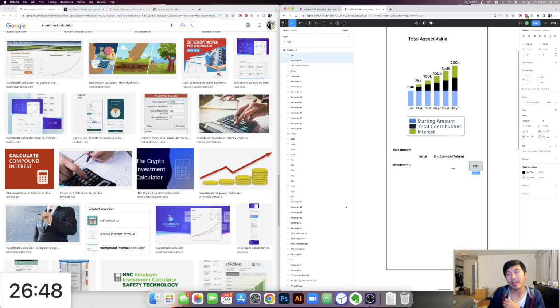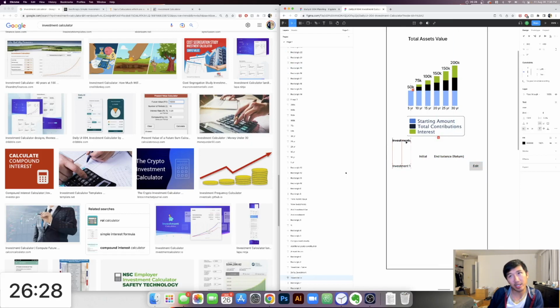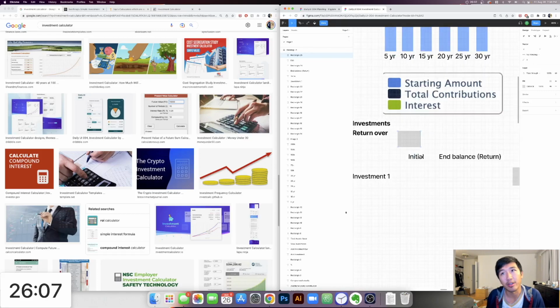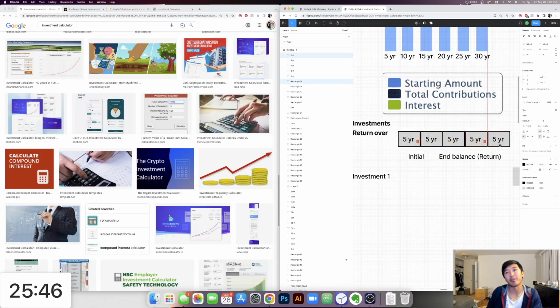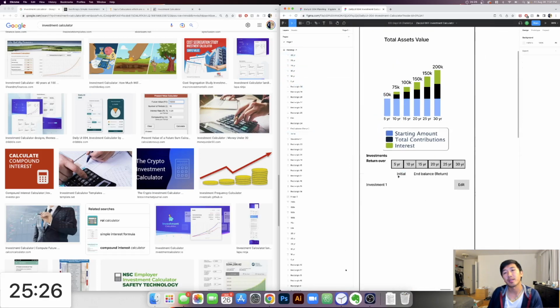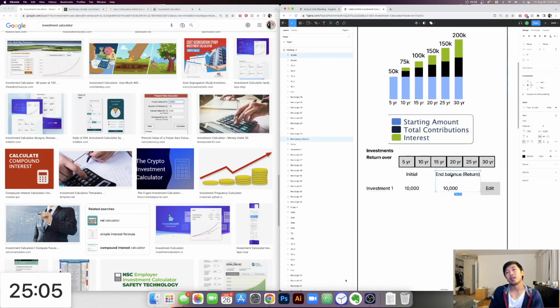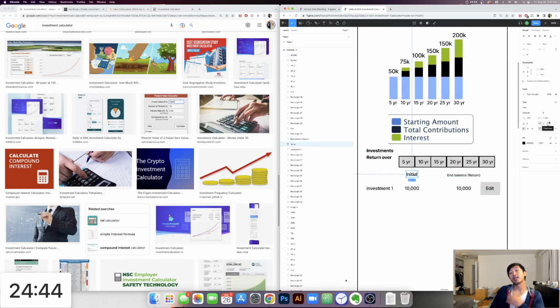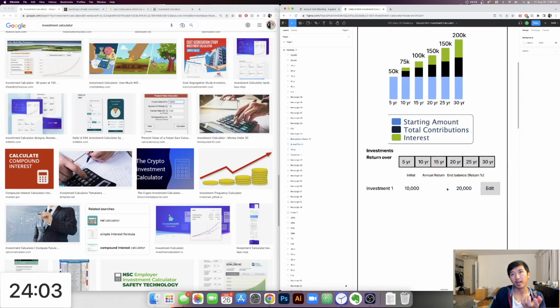So I thought that was the main thing that people want to see: how much money will I have in 30 years given my total investments if they perform at this level.